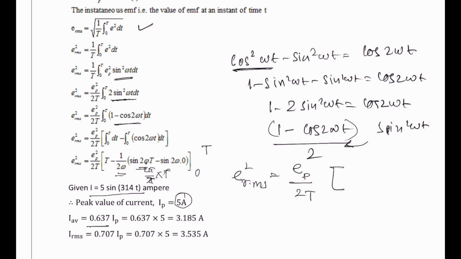Sine 2 pi is 0, this is also 0, so this entire term cancels out. So T cancels out, and it is E_P square by 2. So E_RMS is nothing but the square root of this, E_P square by 2, so E_P by root 2, correct.